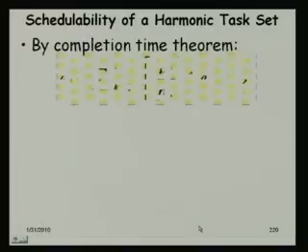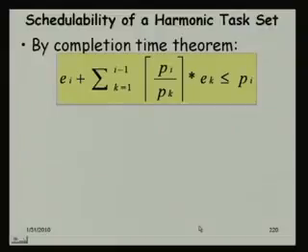Please think what is the reason. We will show it more formally in the next hour, why utilization less than 100% is a sufficient condition for a harmonic set of tasks. So, we will stop here, we will continue in the next class.